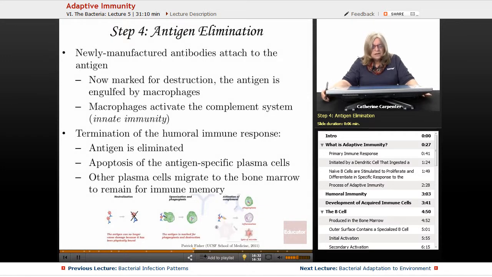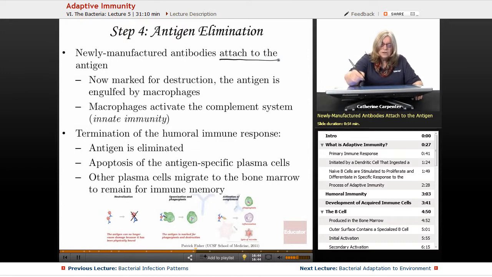Now, elimination of the antigen can be done several ways. One way is by a process called agglutination, where you get clustering of these antibodies that attach to the antigen, and that actually marks the antigen for destruction. And these immune cells called macrophages come on the scene, and then they eradicate the actual antigen.